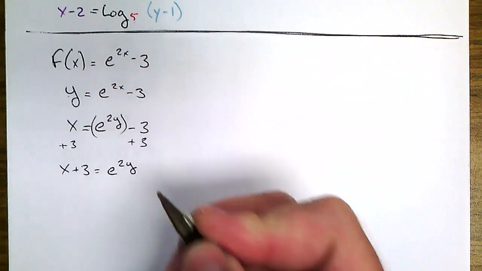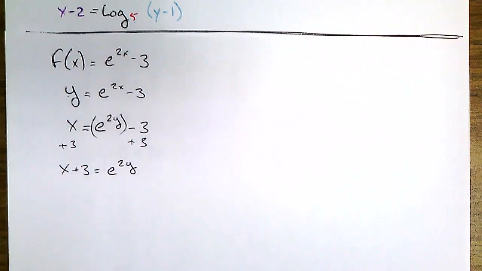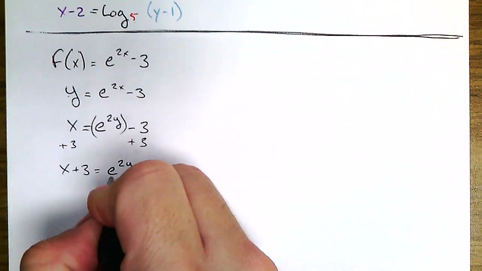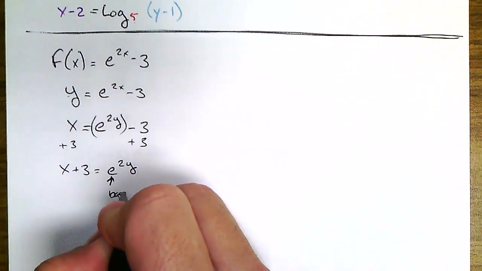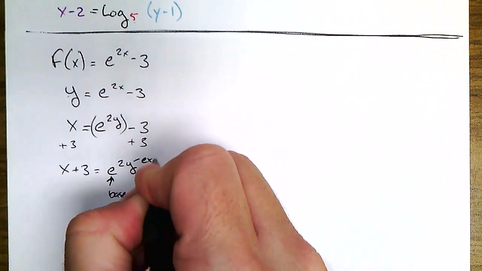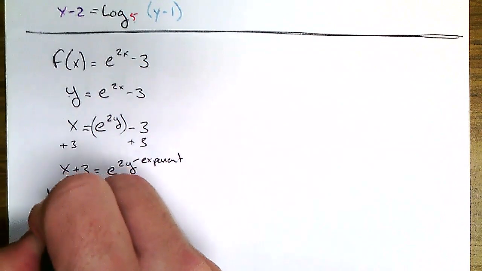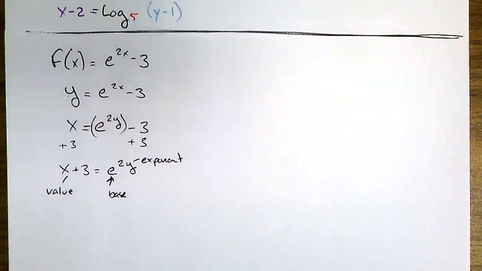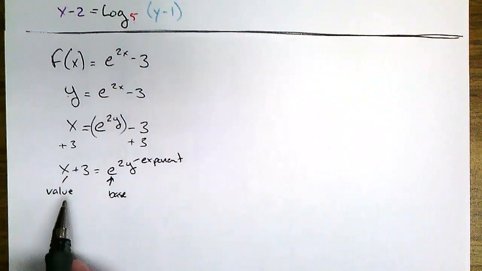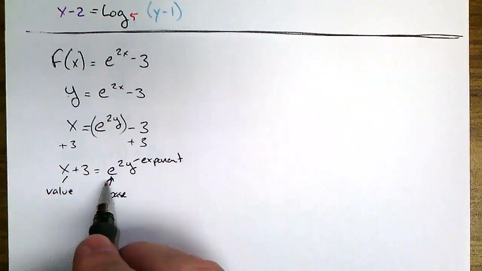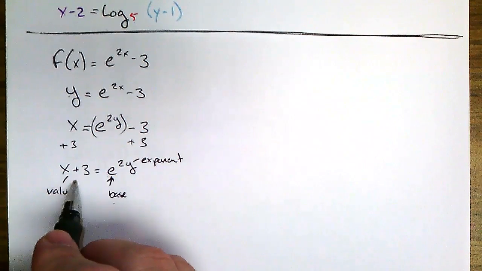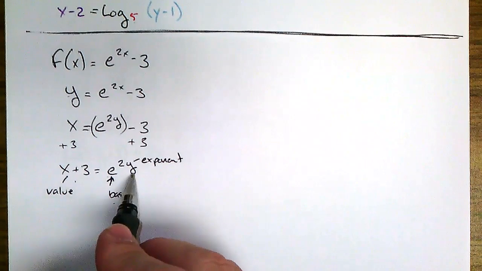And I have x plus 3 equals e to the 2y. Now, remembering from up top, this is our base, this is our exponent, and this is our value. So I can rewrite this as a log function: log base e of x plus 3 equals our exponent, 2y.